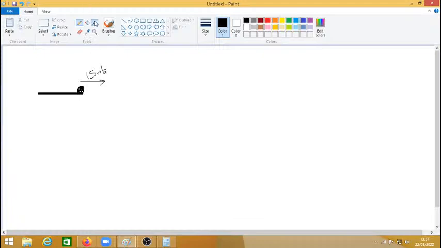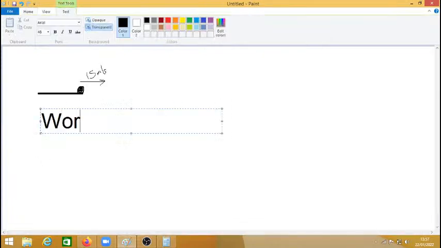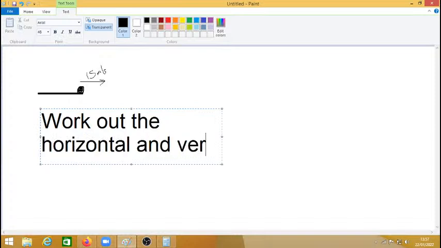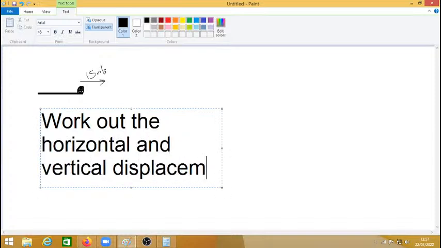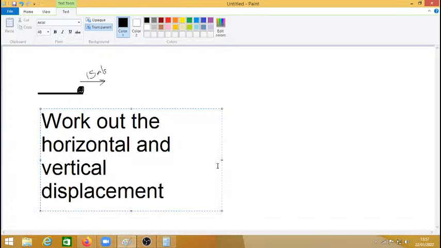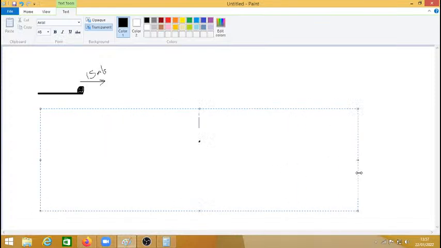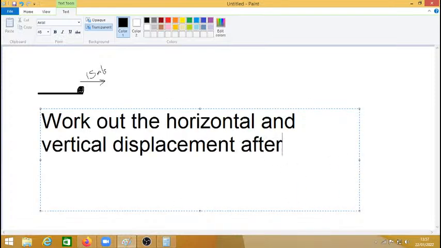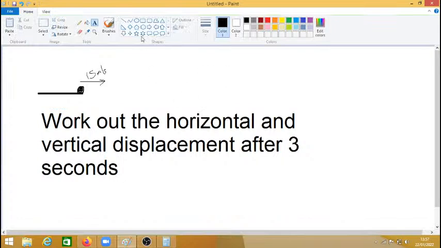And the question is, can we work out the horizontal and vertical displacement? That means the distance horizontally and the distance vertically. So that's two separate questions after 3 seconds. So let's try horizontally first.